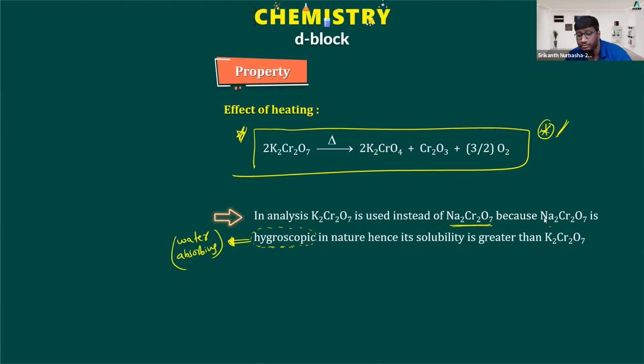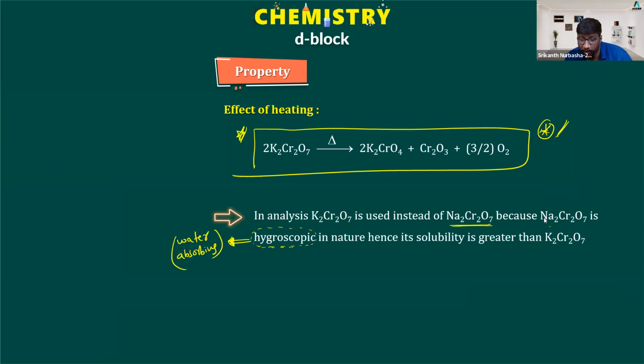Na2Cr2O7, due to its low hydration enthalpy and complex formation tendency. So can we say it is more soluble in simple words? Yes, sir. So Na2Cr2O7 is more soluble. That is why it is absorbing the water easily.